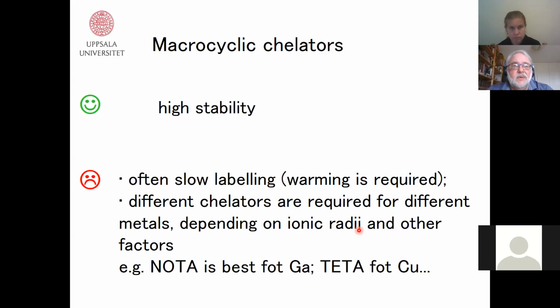If the distance is non-optimal, so that you start to disturb the angles in the complex, you are again stealing energy. So for example, for gallium, the best chelator is NOTA. For copper, the best chelator is TETA, and so on. So in an ideal world, you need to have different chelators for different metals. It's difficult to create a universal targeting molecule.